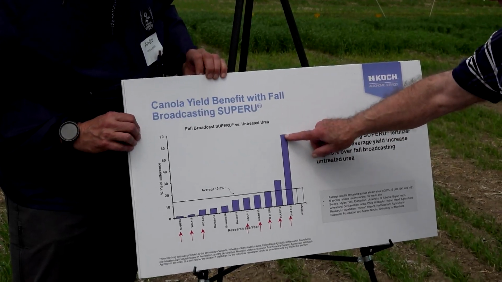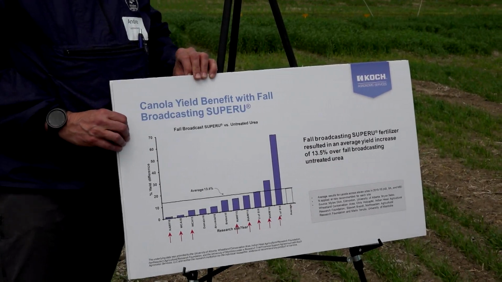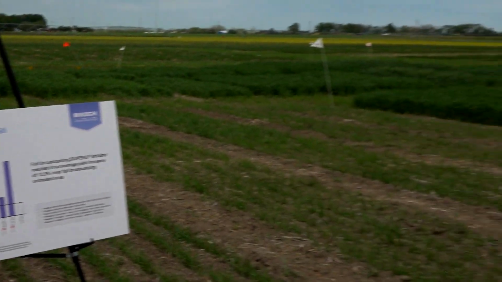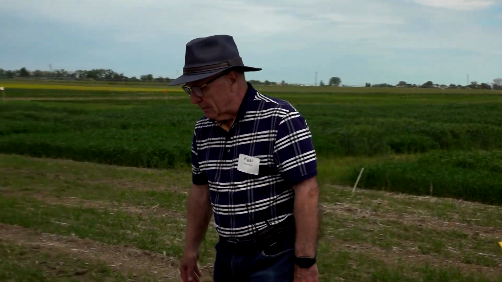I don't know what the heck they did. They got a 60% yield increase, but that year they got a lot of moisture, and that's why. But keep that in mind, okay?